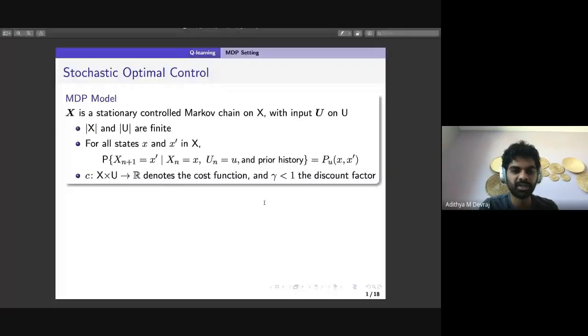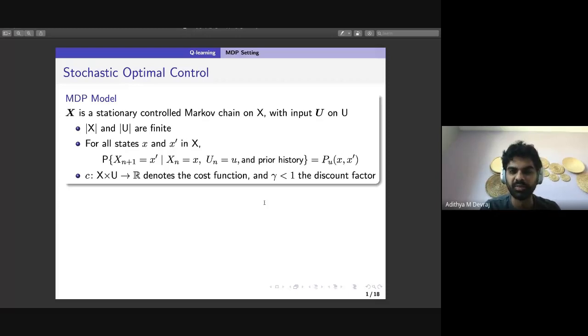So first, the problem setup. We'll denote X to be the stationary controlled Markov chain, and we'll denote U to be the input sequence or the control sequence or the action sequence, whatever you want to call it. And we'll assume that both of these sequences are evolving on a finite state and action space.